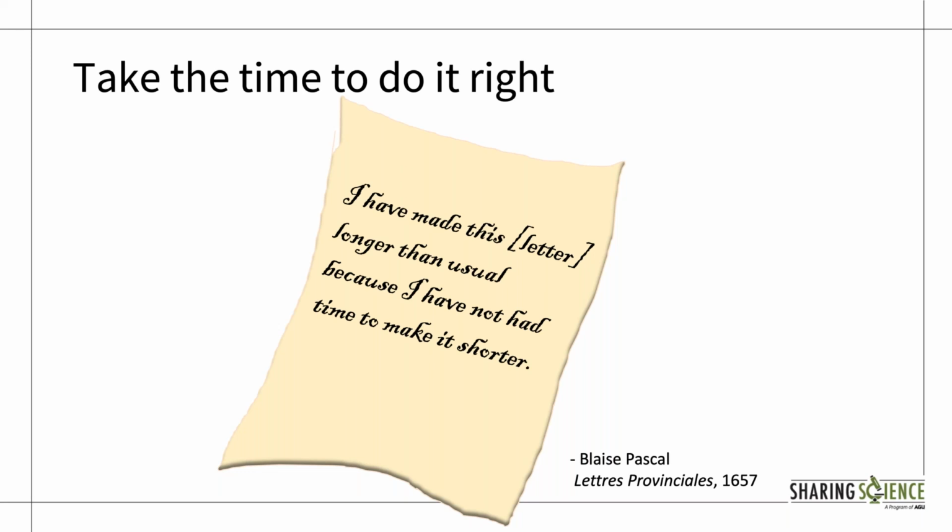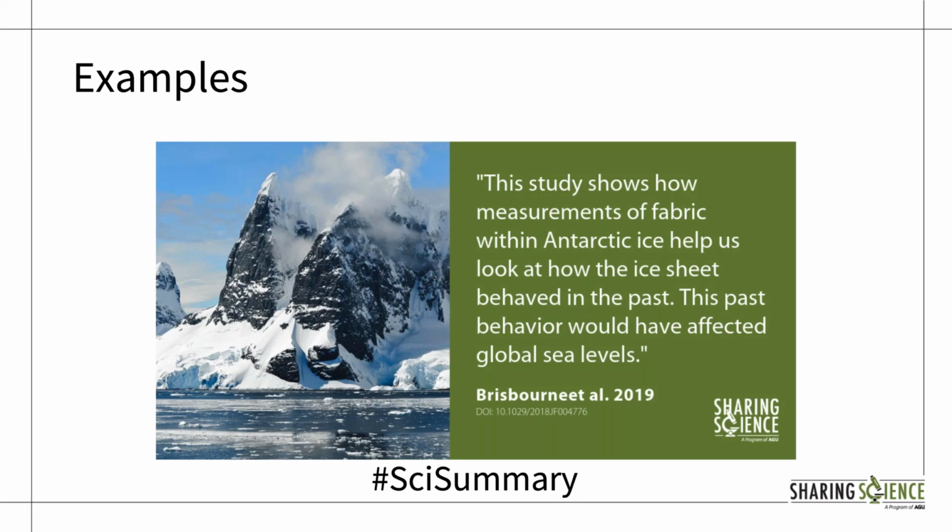And if you're looking for some examples, and you are on Twitter, or you can just search for these on Twitter, we do a roundup of some publications coming out of AGU that we think are decent examples via the plain language summary hashtag.